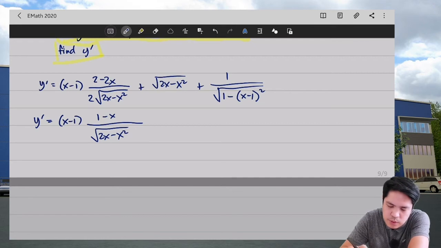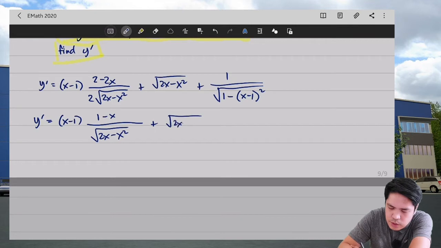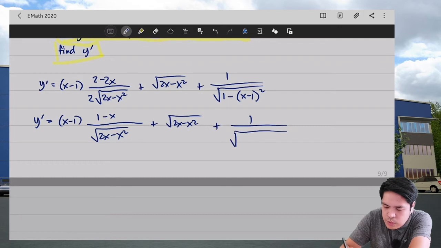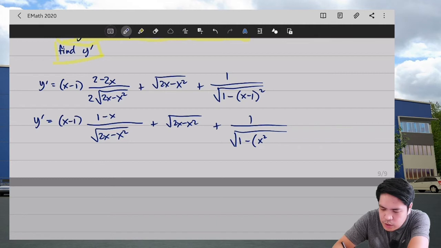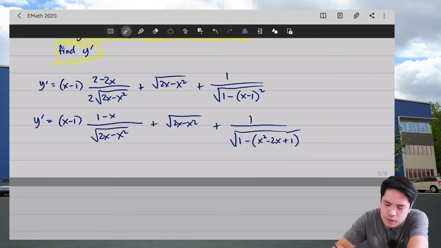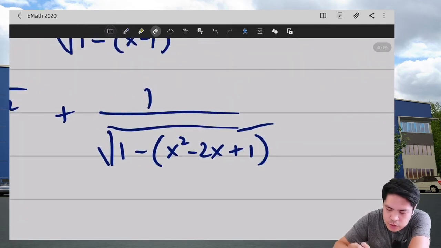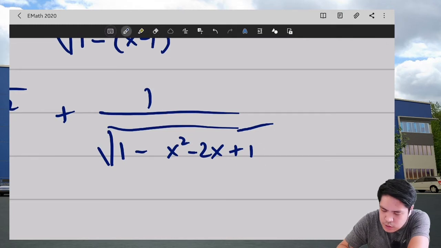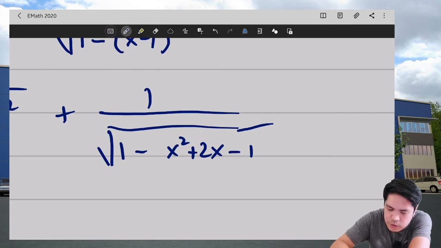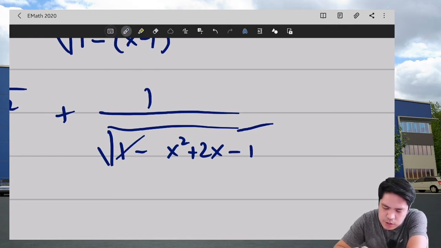Then plus the square root of 2x minus x squared plus 1 over the square root of 1 minus, expand, x squared minus 2x plus 1. Then if we release this grouping symbol, this becomes negative, and then that cancels out.